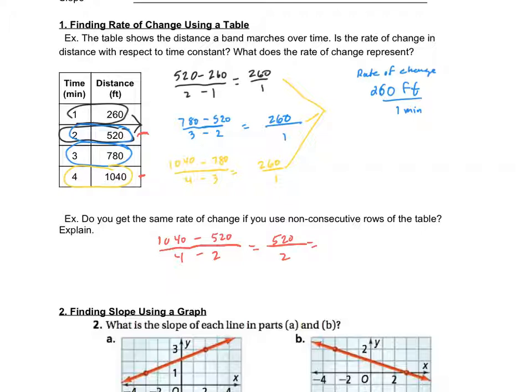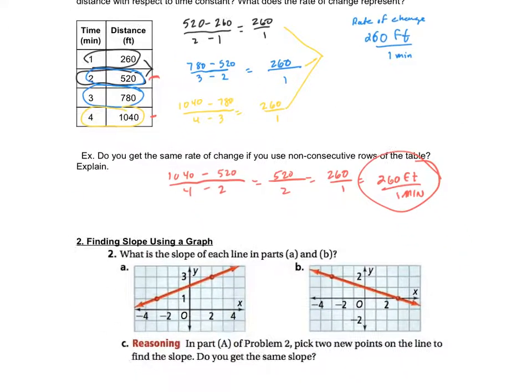And then when I simplify that more, I end up with 260 divided by 1, or 260 feet again per 1 minute. So it looks like, since it's a constant rate of change, it didn't matter if I took more than one of the values as long as I simplified properly.